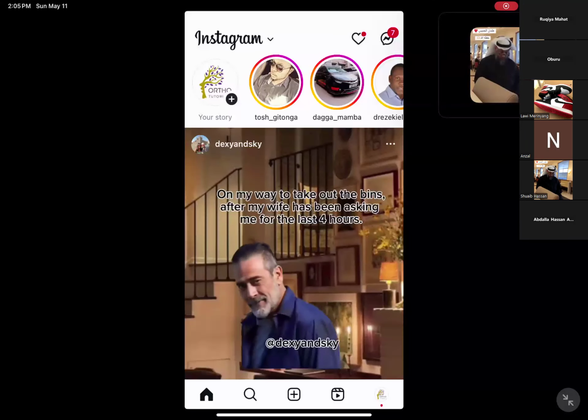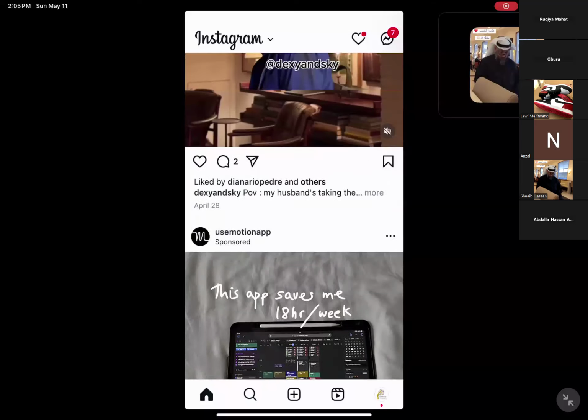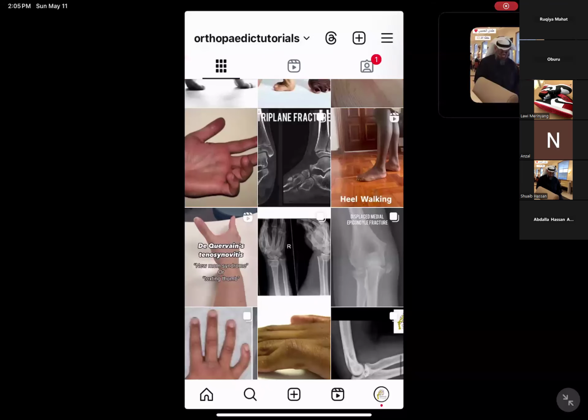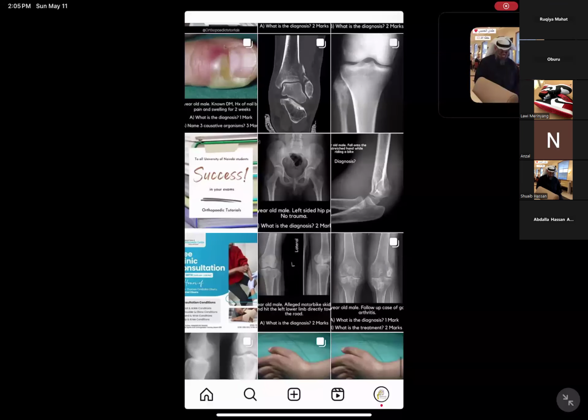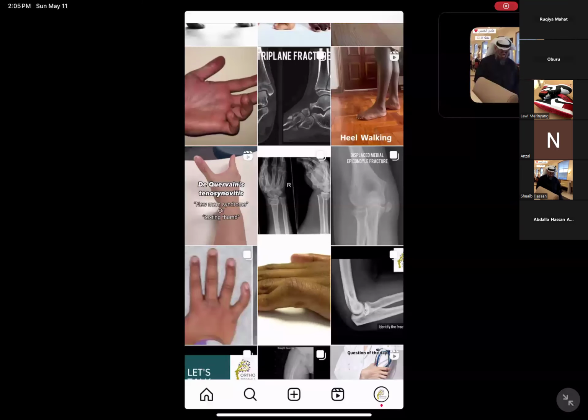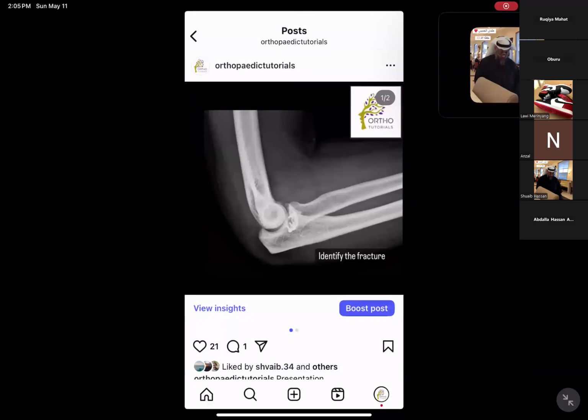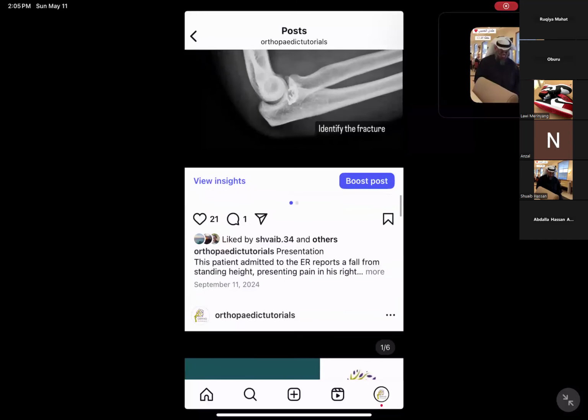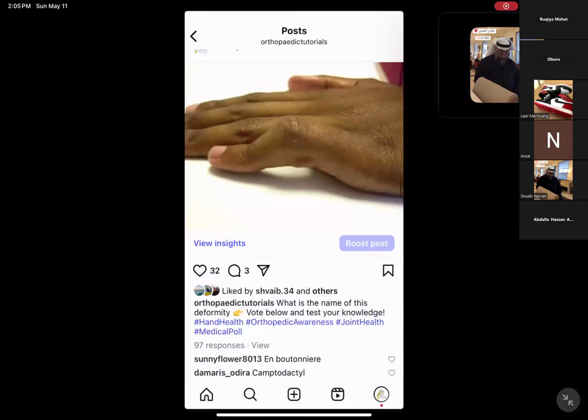So let me just share this page. So, for example, if we just go and have a look at this, these are some questions I did with regards to just the hand. Okay.